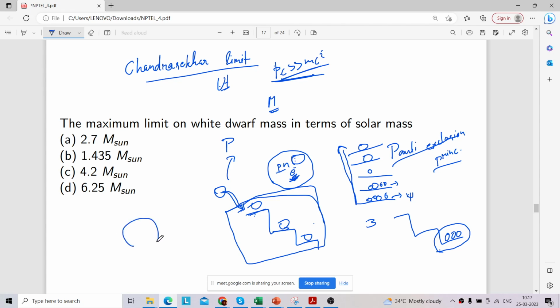This pressure is exerted outward. The particles will try to occupy a state, but it is not allowed, so they will be repelled from each other. Due to this pressure, these particles push outward from the star. But the star has mass, right?